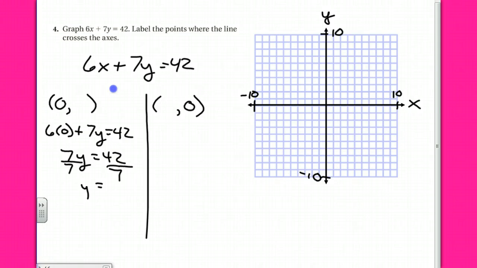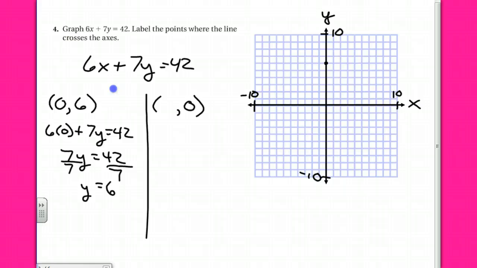Good job. And y equals, 7 times what is 42? Good. So we plug it in here. Look at that. There it is, 0, 6. I can go to my graph, walk 0, fly 6. And I put the point on.